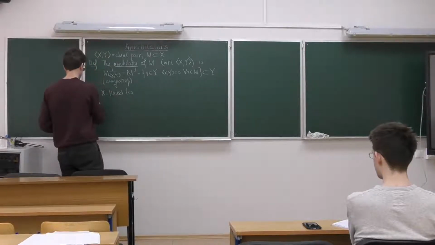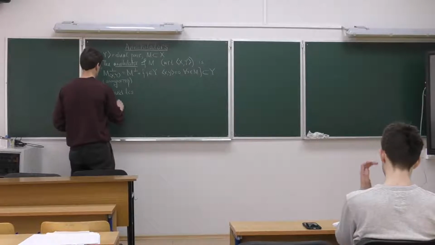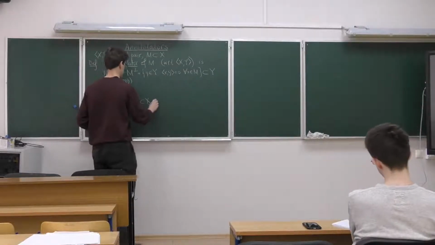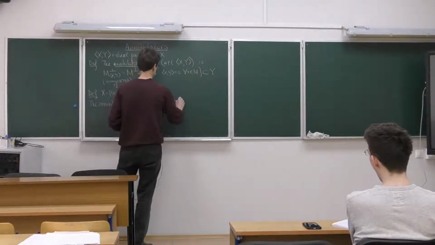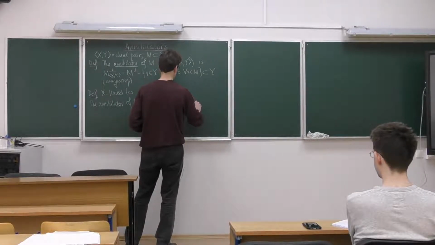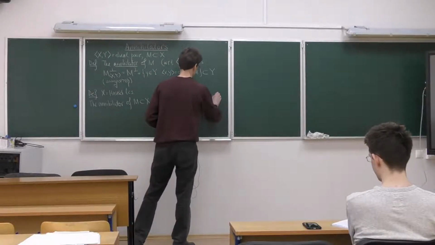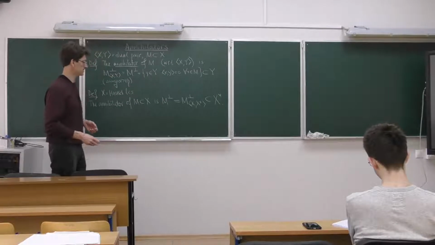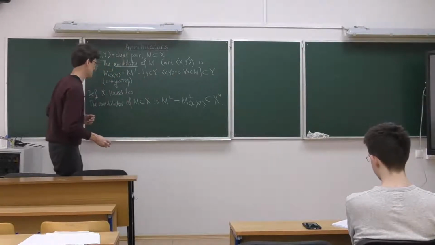And we define the annihilator of a subset M in X to be the annihilator of M with respect to the pairing between X and X star. So this is a subset of X star consisting of those continuous linear functionals which vanish at M.